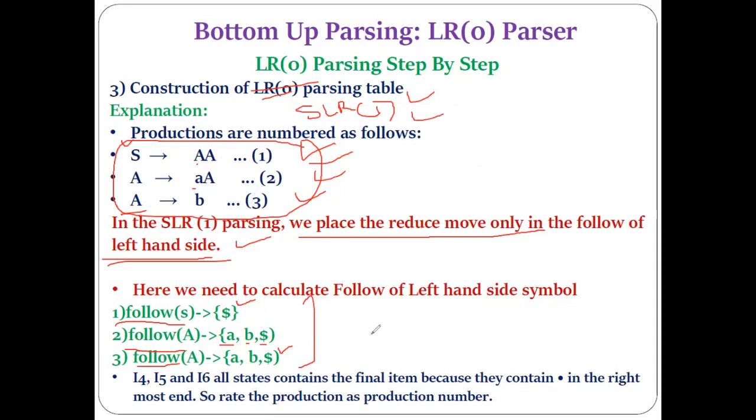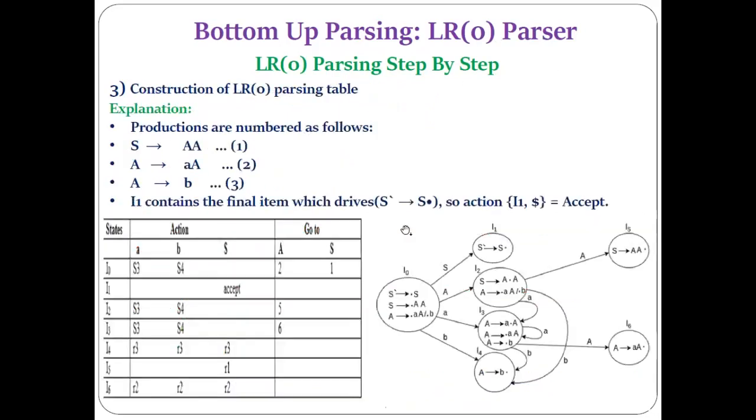Now I already know that in the given example, in the canonical collection, we have I4, I5, I6, which contain the final items because they have the dot at the rightmost end. So accordingly, let's see how we can construct the parsing table.